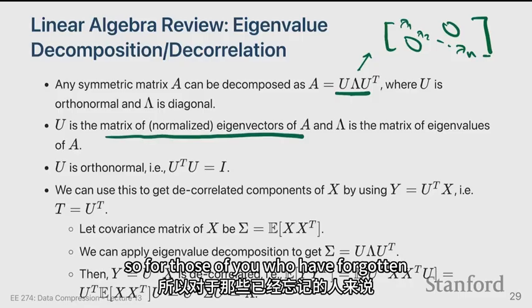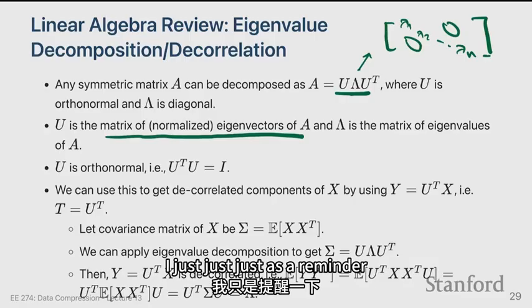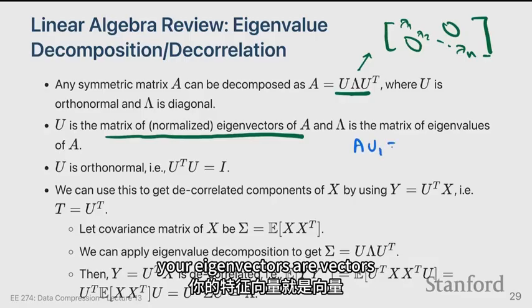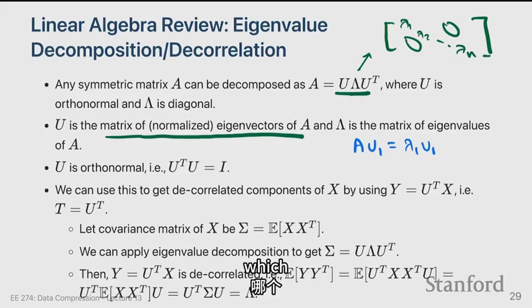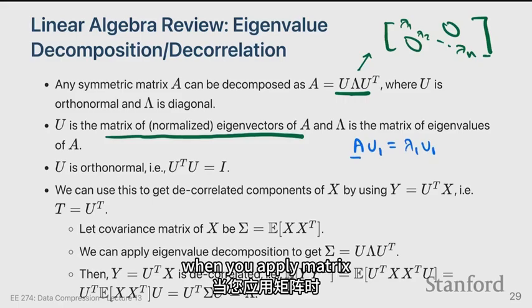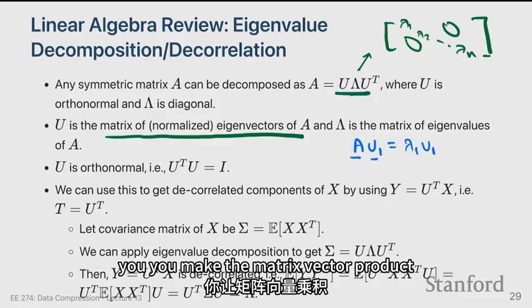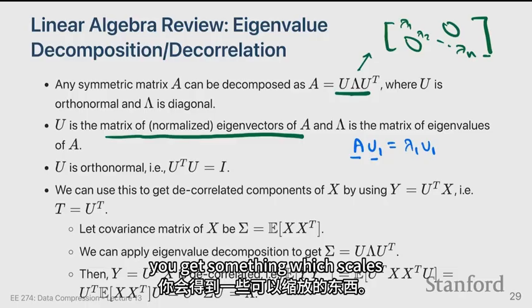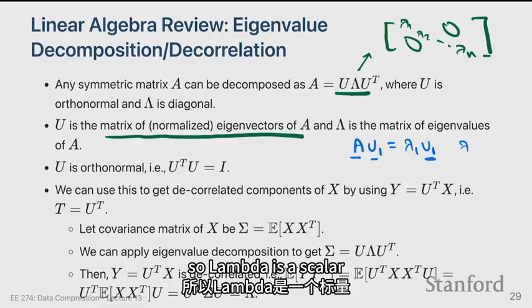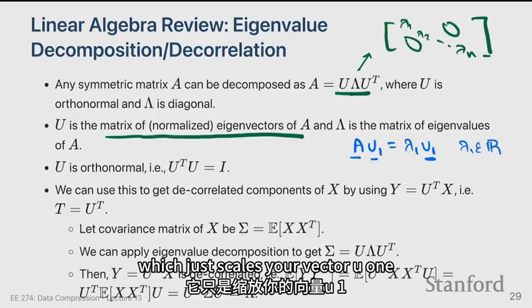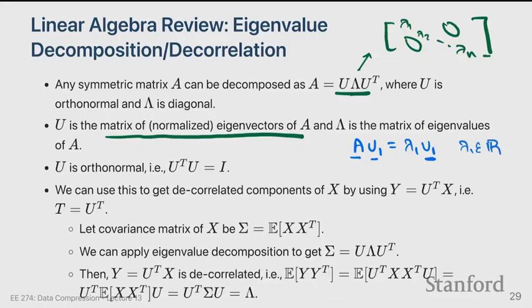Okay? So for those of you who have forgotten, as a reminder, eigenvectors are vectors which, when you apply the matrix to that vector, you make the matrix-vector product, you get something which just scales. So lambda is a scalar which just scales your vector u1.